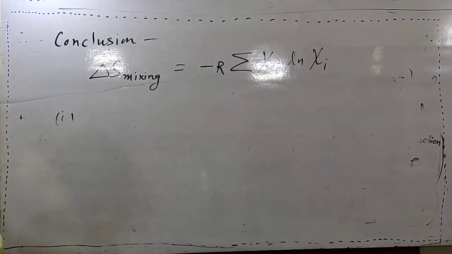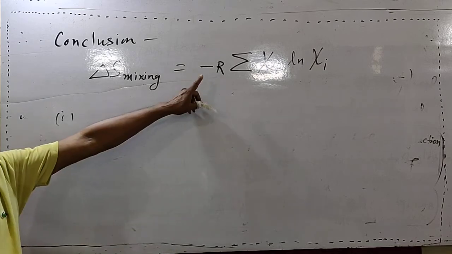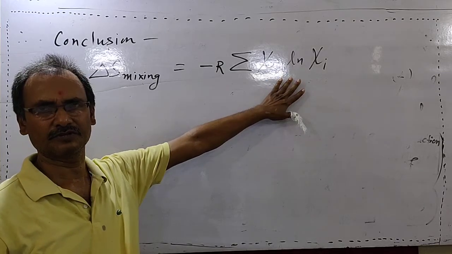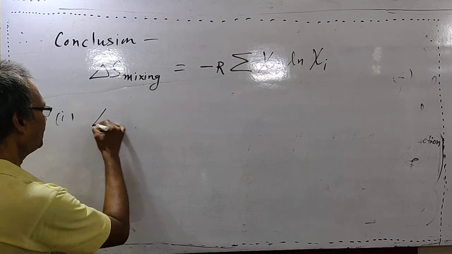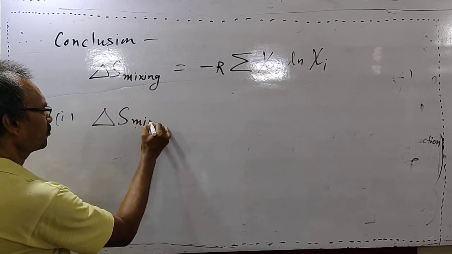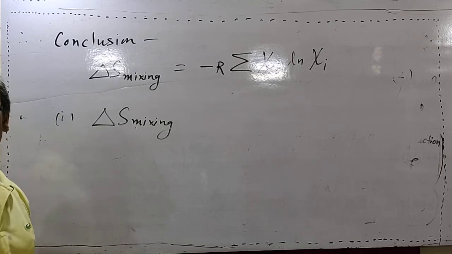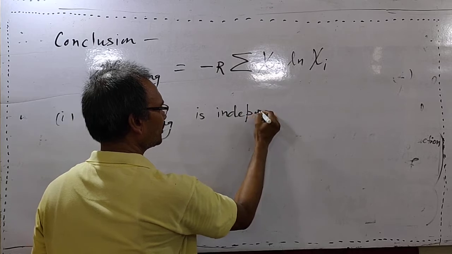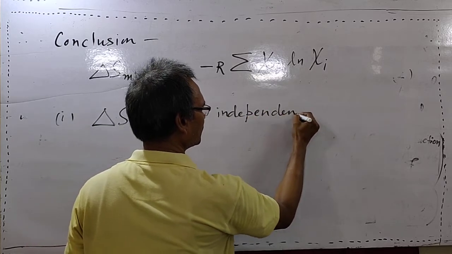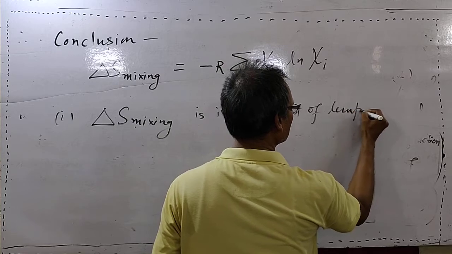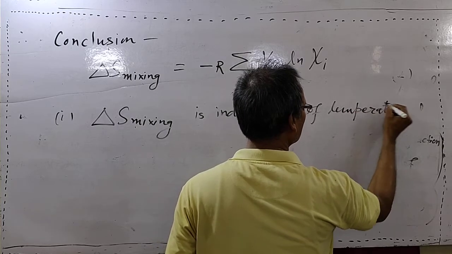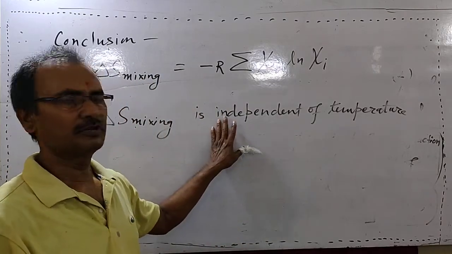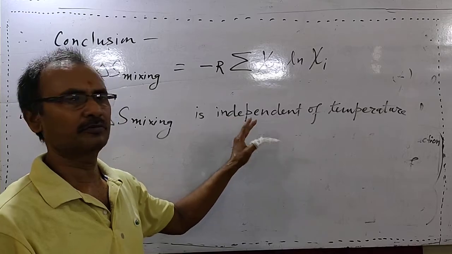Case 1: this expression is independent of temperature. Thus we may say the change in entropy of mixing is independent of temperature, meaning it does not depend upon the change of temperature.